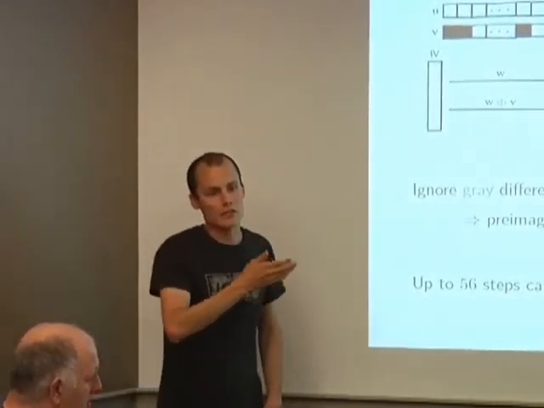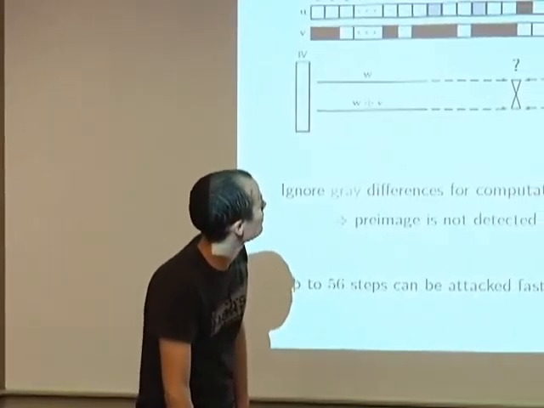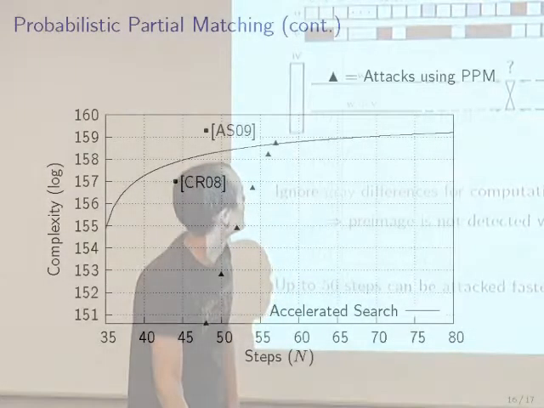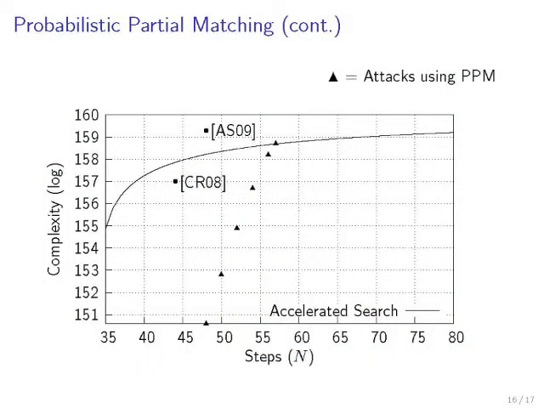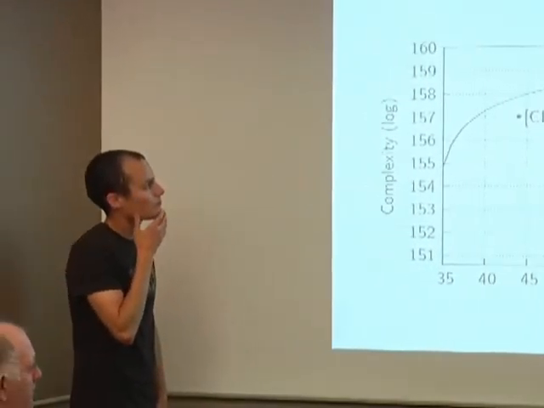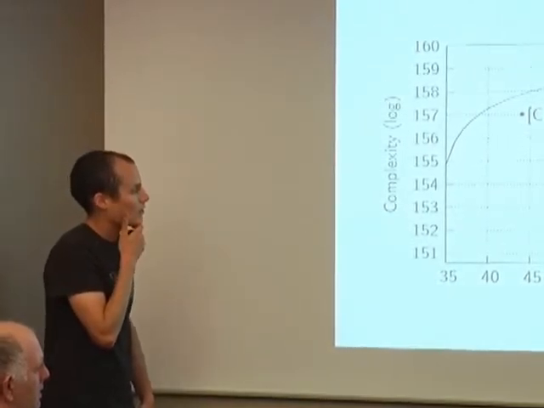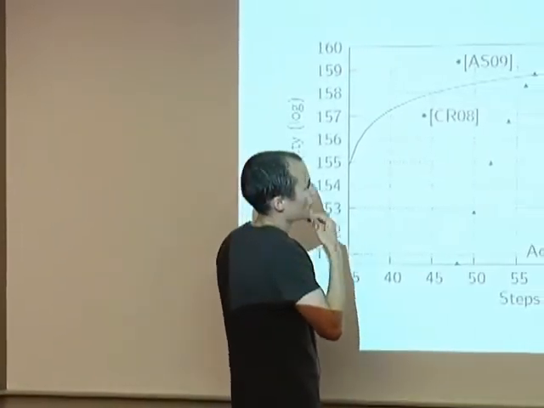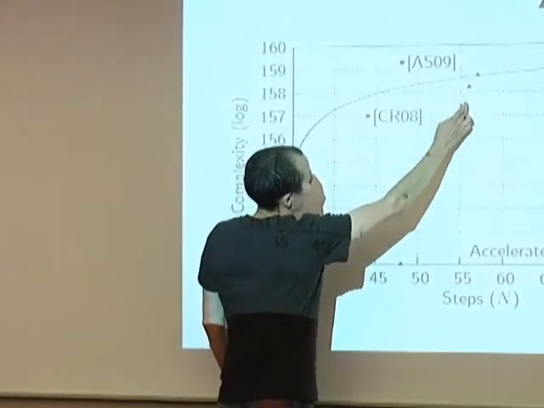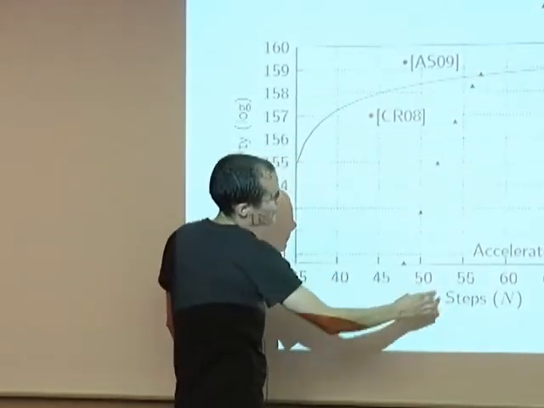And you remember the best before was for 48. So these triangles here are what we can do with this probabilistic partial matching. We are faster than accelerated search until 56 steps.